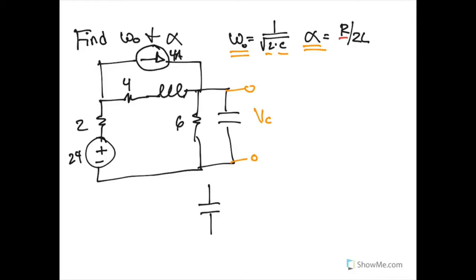And to do that, we're going to just redraw the circuit, only really focusing on the resistors. So here's the 6 ohm resistor, and over here we had a 4 and then a 2, and we'll turn off our voltage and current sources.